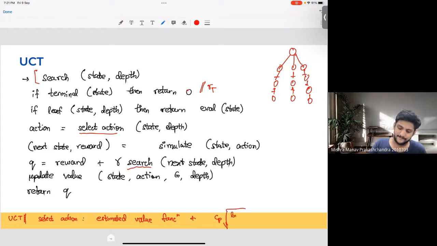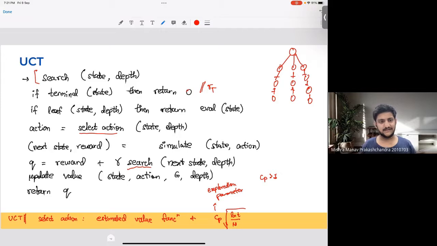This is something you had seen in the upper confidence bound algorithm, the UCB1 algorithm, but the constant before that was 2. Now it has changed to Cp. The Cp is the exploration parameter. If you want to explore more, you keep C higher, and if you want to explore less, you decrease C. But typically Cp is greater than 1.